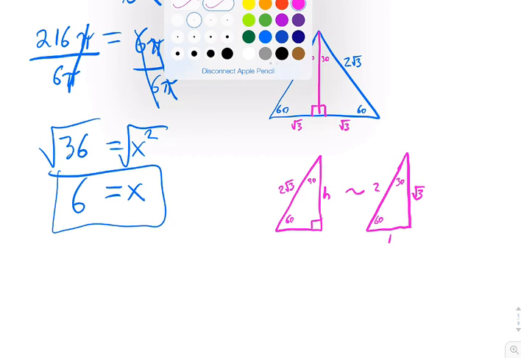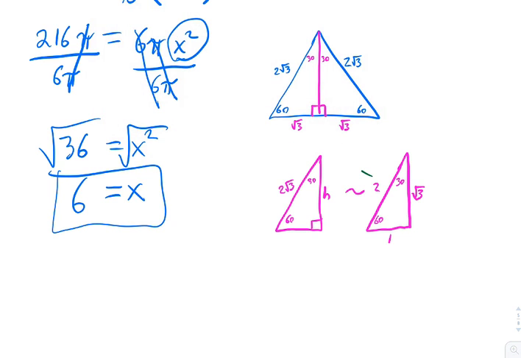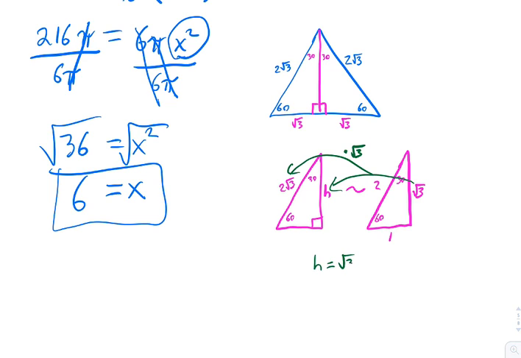So I can notice right away that they are similar by a scale factor of multiplying by √3, or 3 to 1. So if I want to find h, I just multiply √3 times √3. So h is √3 times √3, or h is square root of 9, or h is 3.